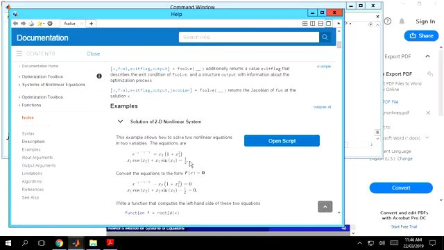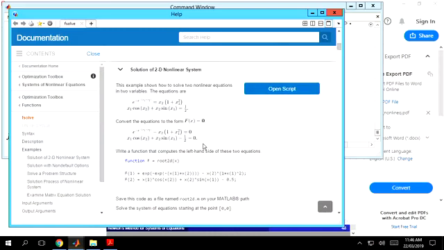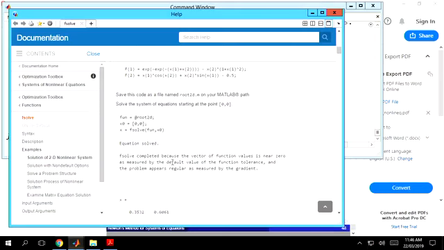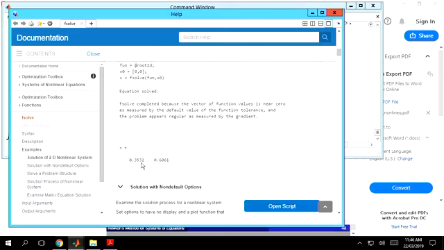So you just have to define the equation. The equation can be complicated like this, okay, and then you have to give the initial guess, and you pass in the function, and then it gives you a solution.